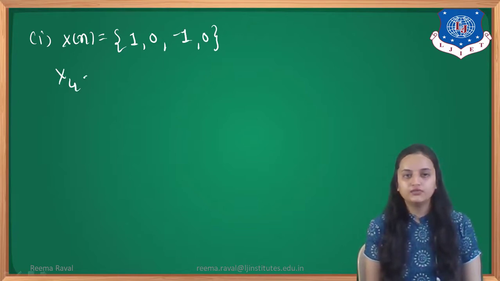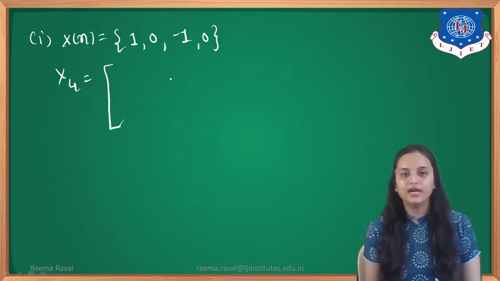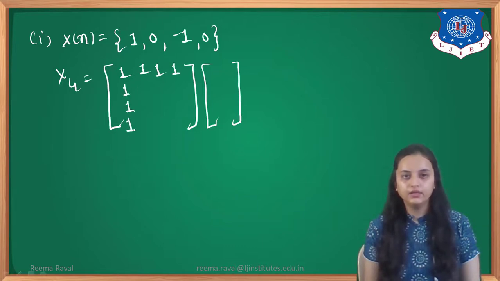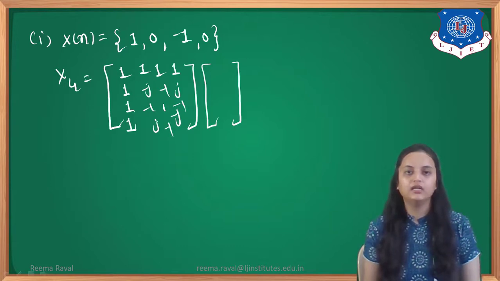For this, x4 will be equal to W4, that means the 4 cross 4 matrix, into x of n. Here this matrix is 1, 1, 1, 1; 1, minus j, minus 1, plus j; 1, minus 1, 1, minus 1; 1, plus j, minus 1, minus j. Now let us multiply this with 1, 0, minus 1, 0.